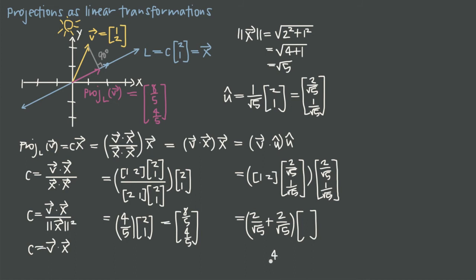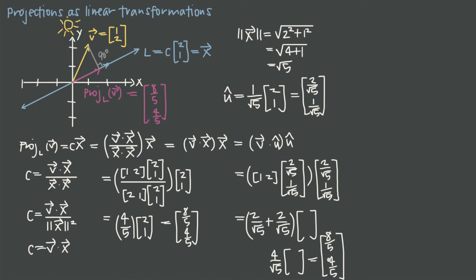So really we're just left with the scalar 4 over root 5 times this vector up here. So if we multiply this scalar across the vector, the result then is going to be 4 times 2 is 8 in the numerator, and then root 5 times root 5 is 5 in the denominator, and then 4 over root 5 times 1 over root 5 is going to give us 4 over 5.